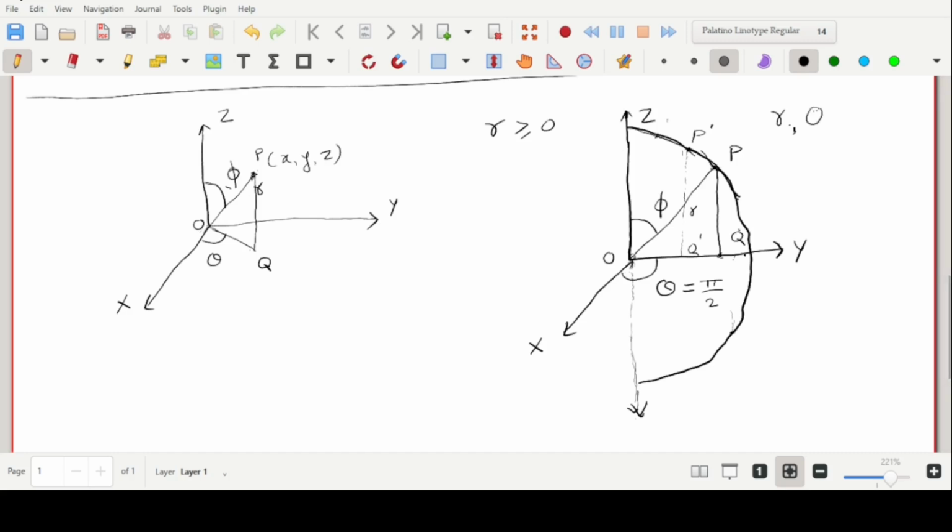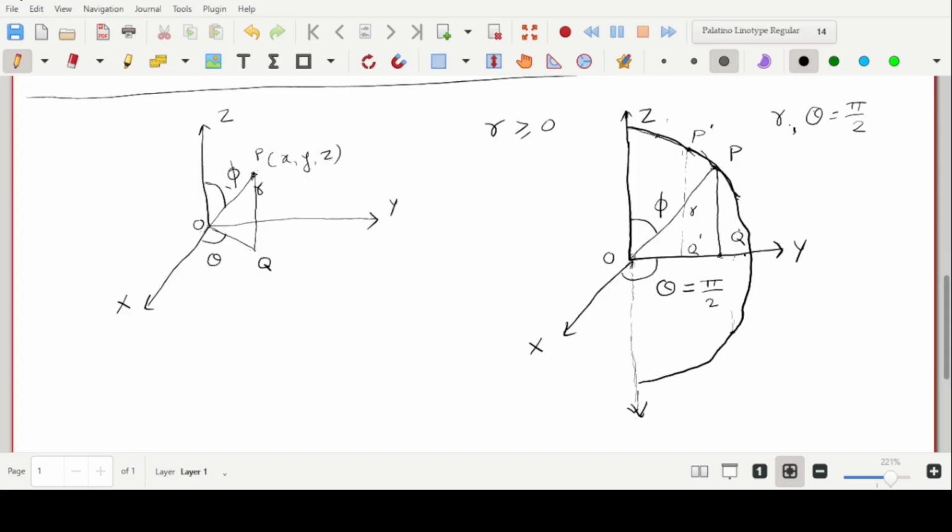So we are taking a specific semicircle over here, but what changes is the value of phi.